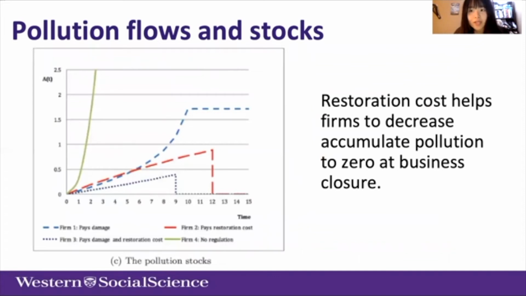An interesting thing is that for firms 2 and 3, the accumulated pollution stock suddenly decreases to 0 at the end of the timeline, at 12, which means the restoration cost helps firms decrease accumulated pollution to 0 at the business closure.